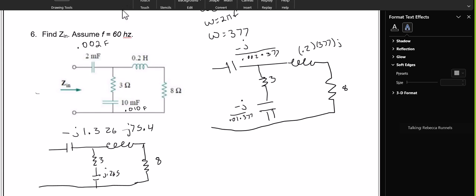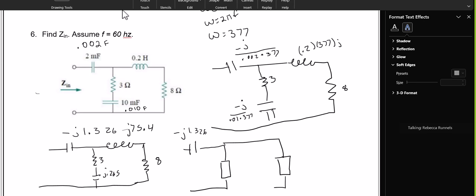So then we can say that we have minus J 1.326 in series with two impedances that are in parallel.